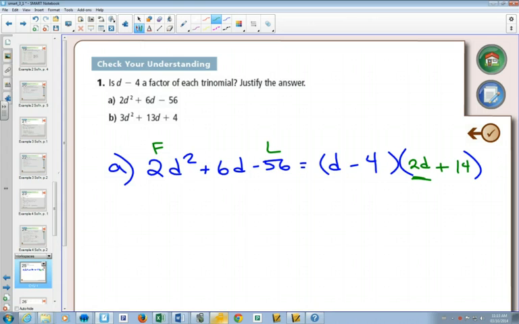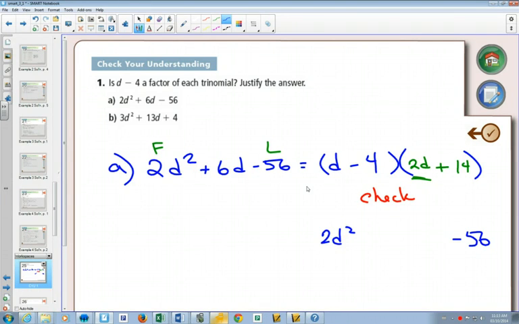So let's check, because if d minus 4 is a correct factor, this has to be correct as well. Does that make sense? Now, if we check this by FOILing, we'll get 2d squared, we'll get minus 56, because that's what we had planned around, our first and our last one.